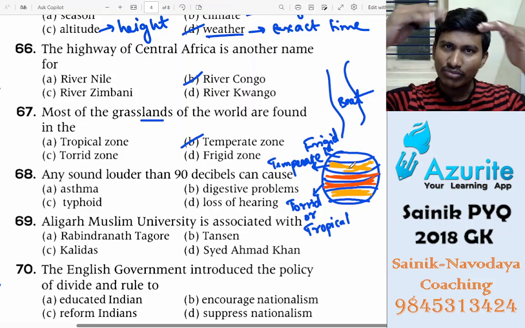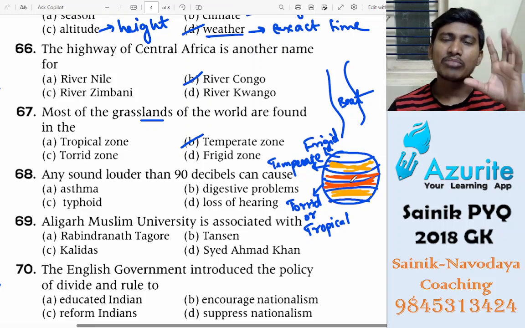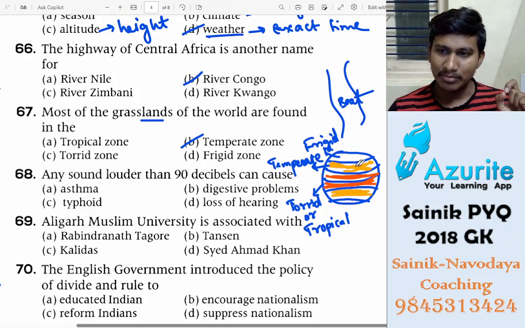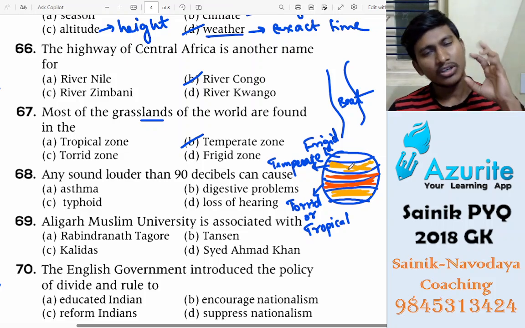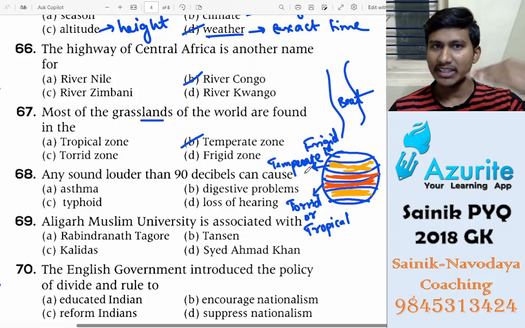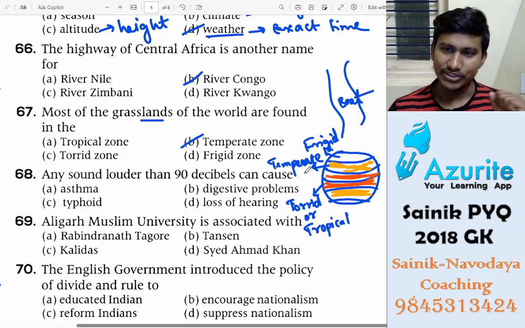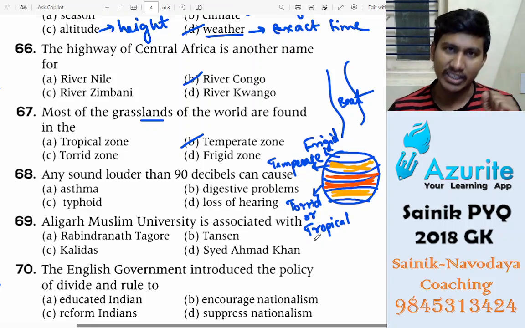As we go towards the middle, the equator, it becomes hotter and hotter. So this temperate zone is in between, not so cold, not so hot either. Temperate means moderate temperature. Next, near the equator in the middle is torrid or tropical, with so much heat.